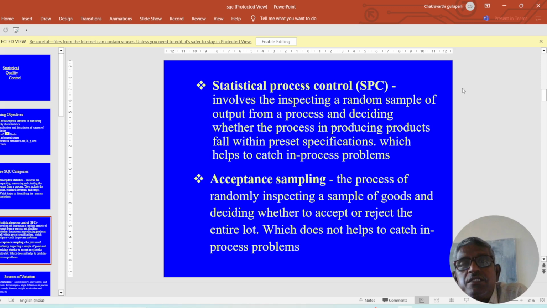The second one is statistical process control, which involves inspecting a random sample output from a process and deciding whether the process is producing products that fall within preset specifications, which helps to catch in-process problems. The third one is acceptance sampling plans: the process of randomly inspecting a sample of goods and deciding whether to accept or reject the entire lot, which does not help to catch in-process problems.